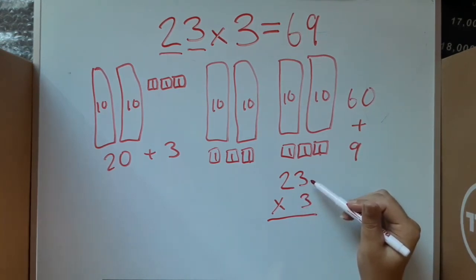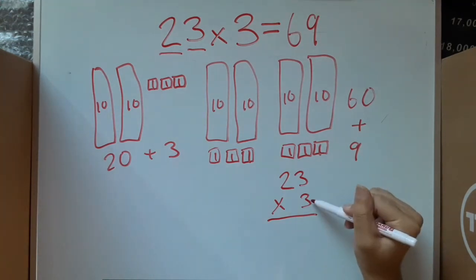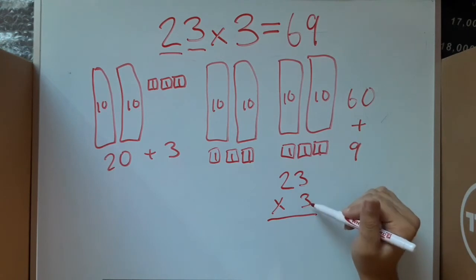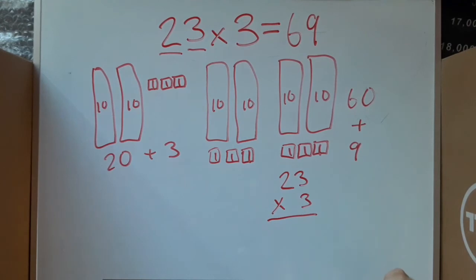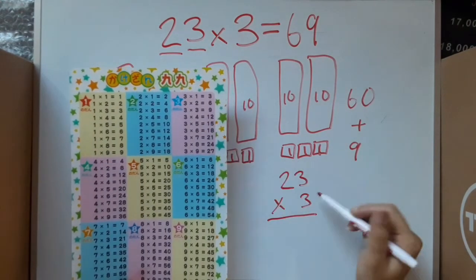We always start with our ones place because that's the smallest number. So we have our 3, and we're multiplying it by the 3 in the ones place of 23. So 3 times 3, if we look at our multiplication chart, we can see that it equals 9.